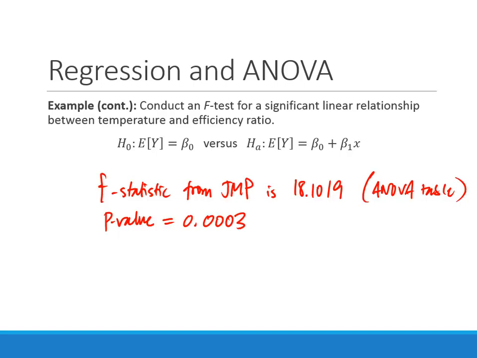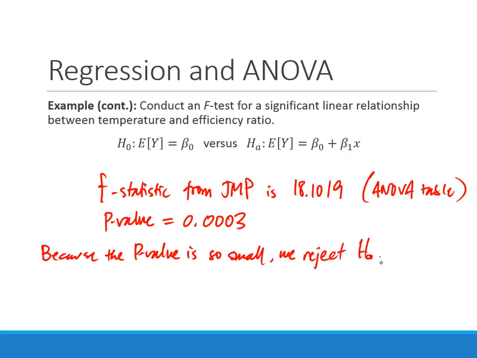Okay, so again, my p-value is really small. What decision am I going to make regarding my hypotheses? Everybody said we're going to reject, yes. So because the p-value is so small, we will reject the null hypothesis.